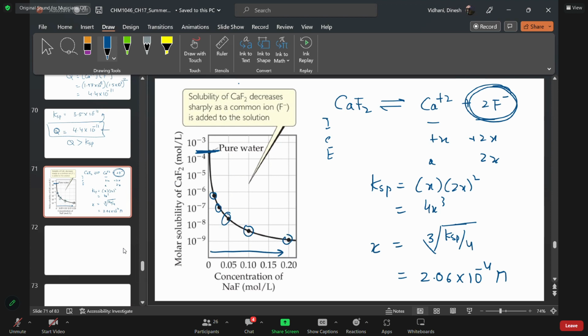So you increase the concentration of sodium fluoride, you decrease the concentration of calcium fluoride in the solution. So more and more calcium fluoride will stay as a solid rather than in aqueous form, right? So keep that in mind. We have solved one problem on that one as well. So the effect of the common ion.